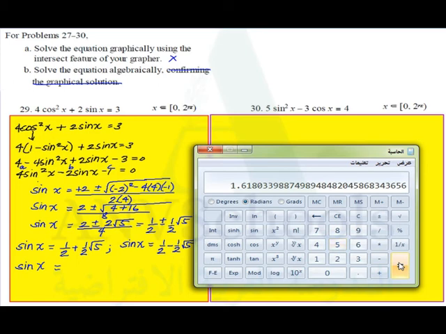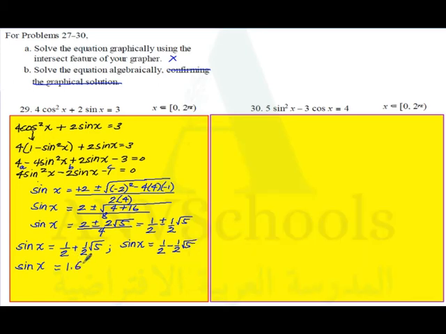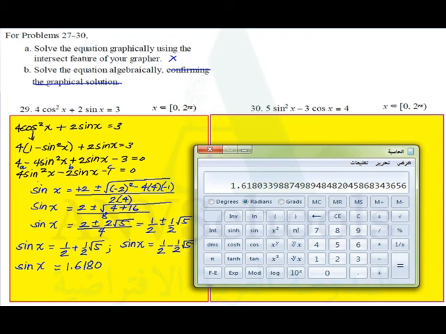So that would be 1.6180. And if we take the other half, that would be square root of 5 divided by 2 minus 0.5, that would be negative 0.6180.